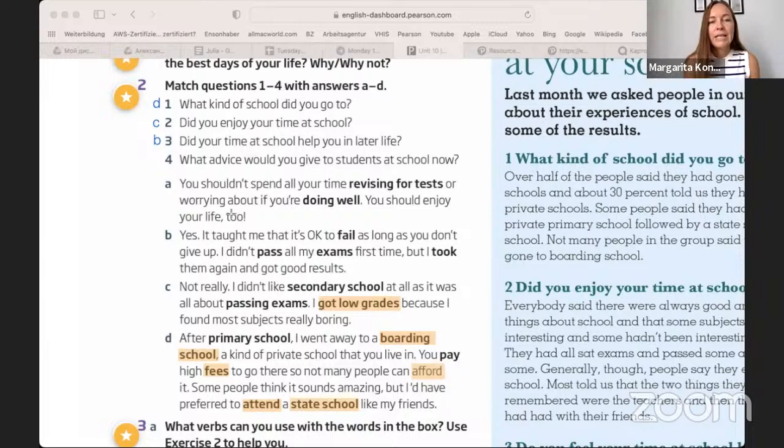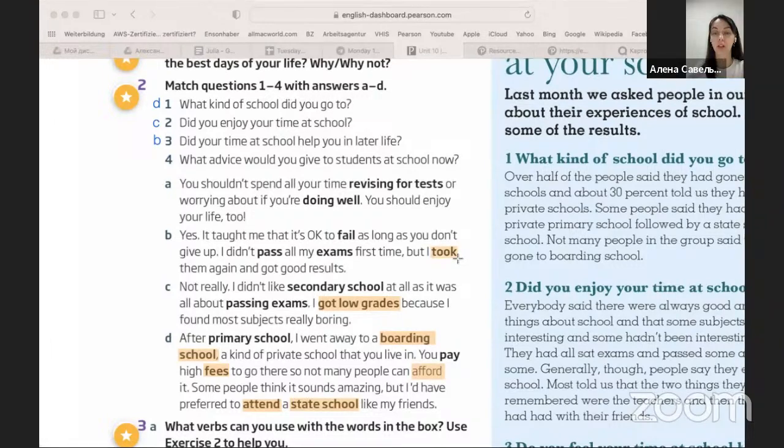So taught, from the verb teach. Teach, taught. And fail, we already said. I didn't pass all my exams the first time, but I took them again. And what does it mean to take an exam?